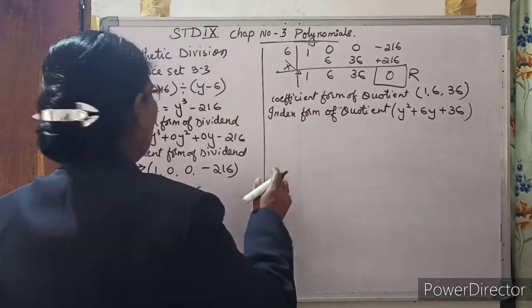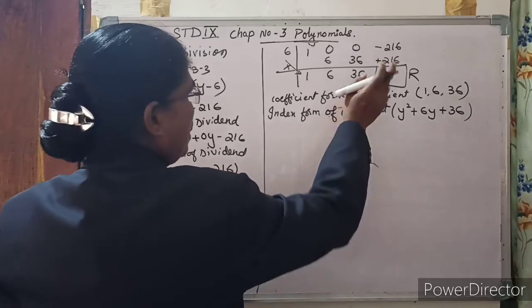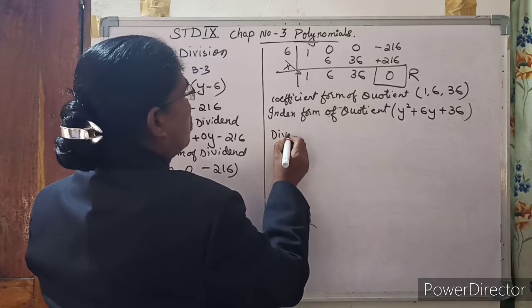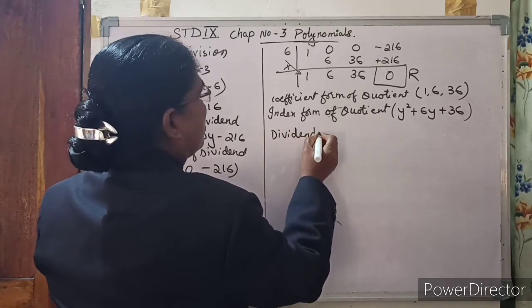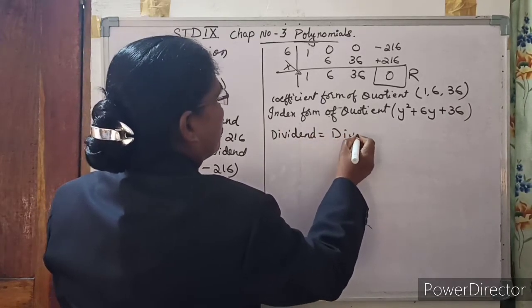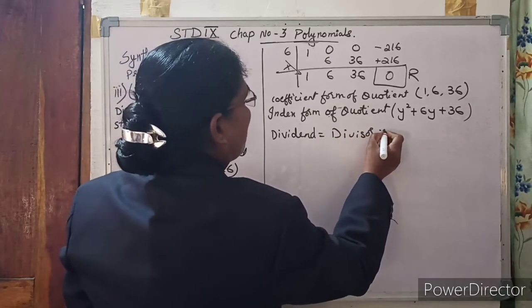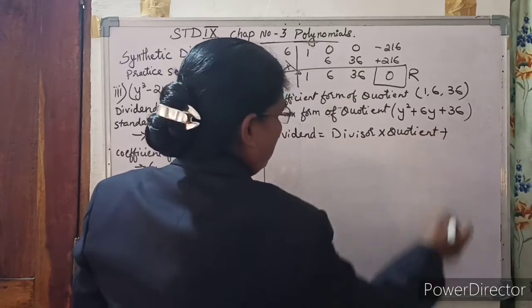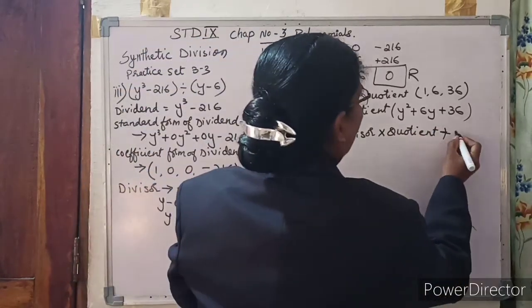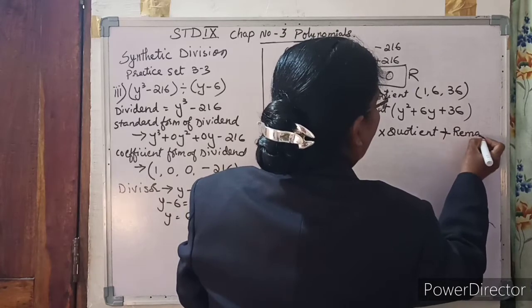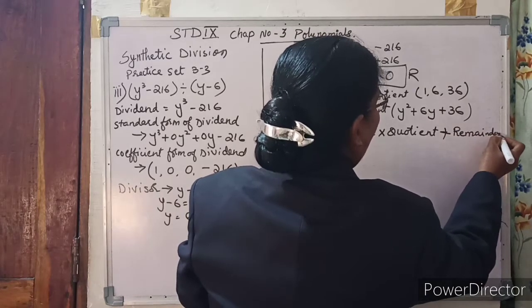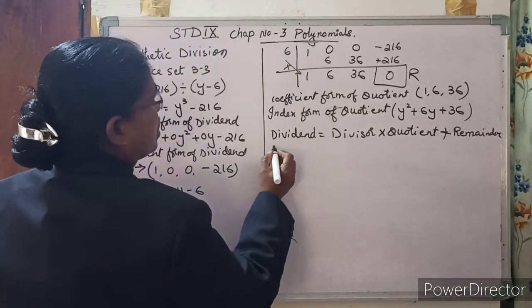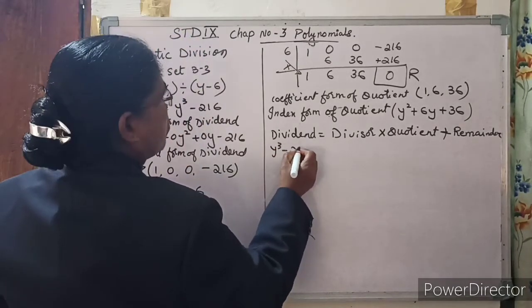Now we have got the dividend, divisor, quotient and remainder. So we can form it in this form: dividend is equal to divisor multiplied by quotient plus the remainder. Now the dividend, from the question, is y cube minus 216.